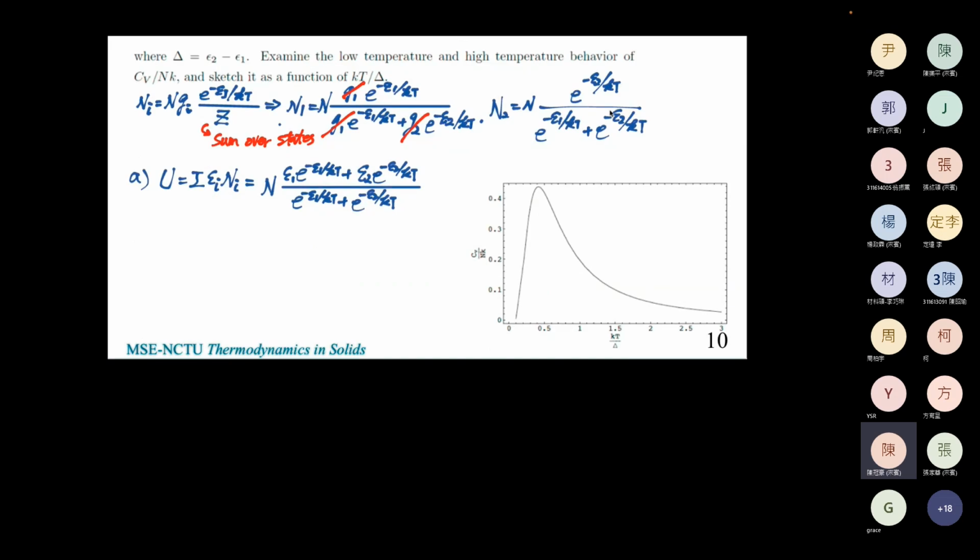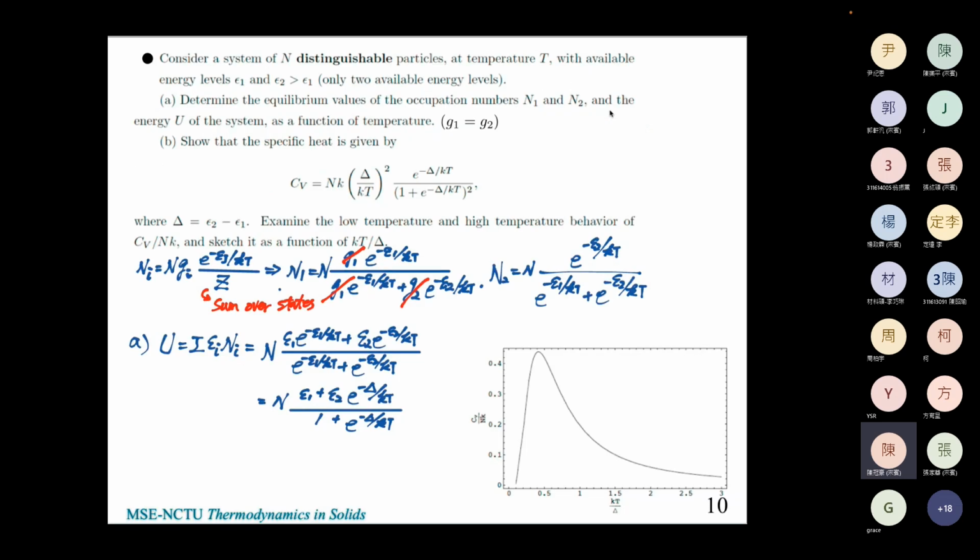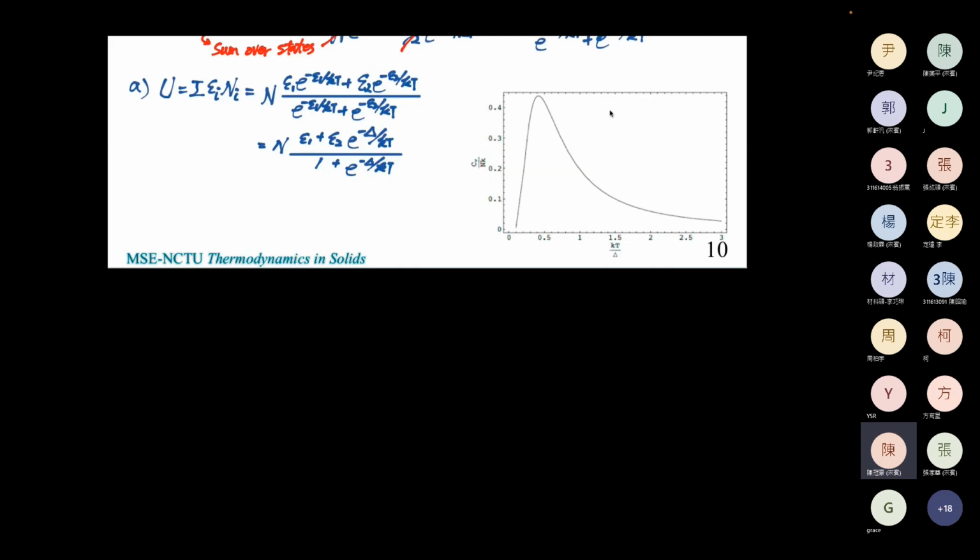It's not a big deal, but it makes it look better, not much, but a bit. Delta is epsilon 2 minus epsilon 1.